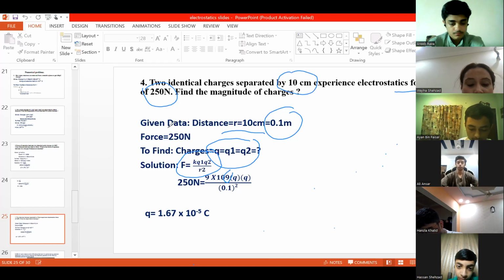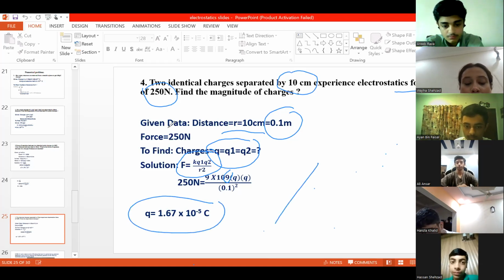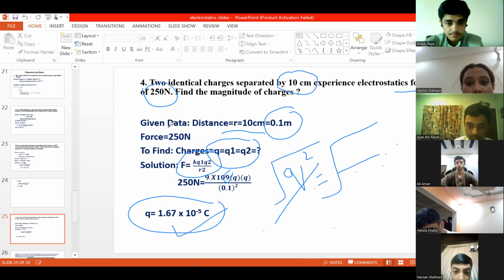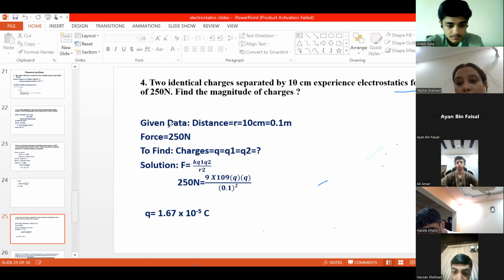Put the charges Q squared divided by 0.1 whole square. When you get the answer in terms of Q square, take the square root on both sides and you will get the answer 1.67 into 10 raised to power minus 5 coulomb. Okay, so this is problem number 4.